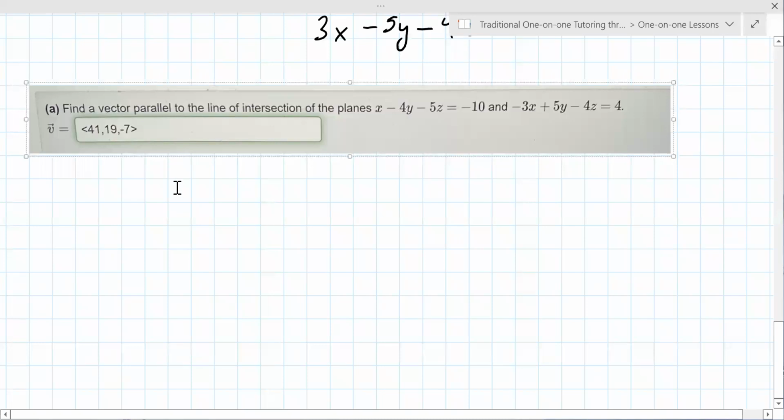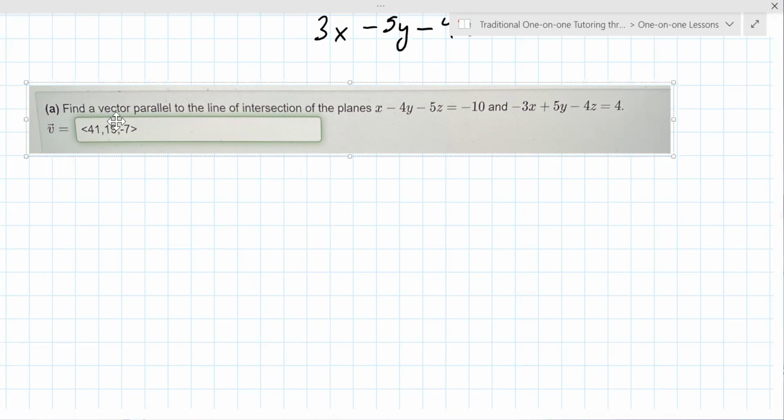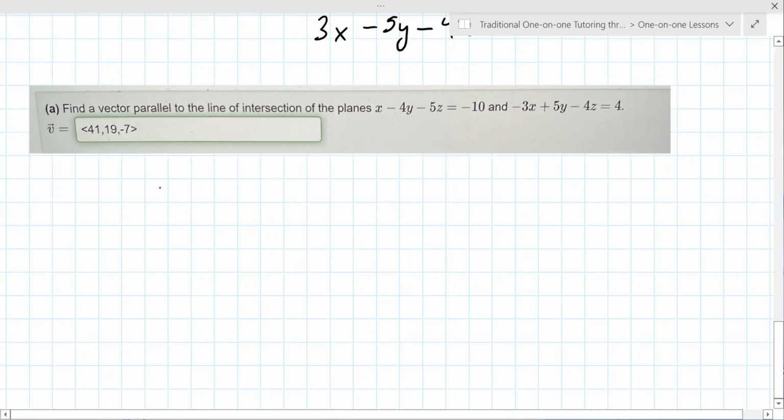I wonder if this is a cross product problem. Sure looks like it. So if we do our i, j, k and then 1, -4, -5, and -3, 5, -4, notice those constants don't matter.